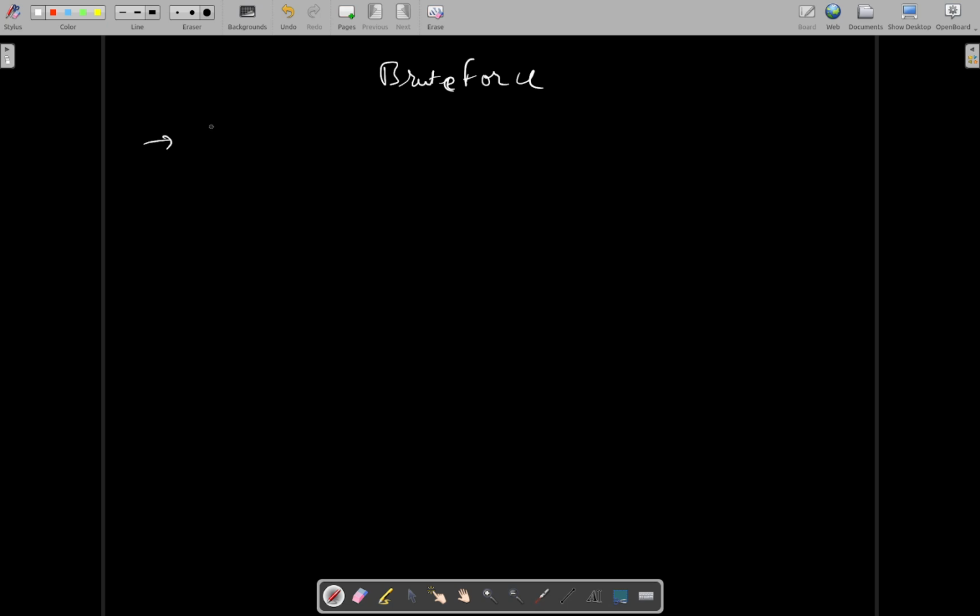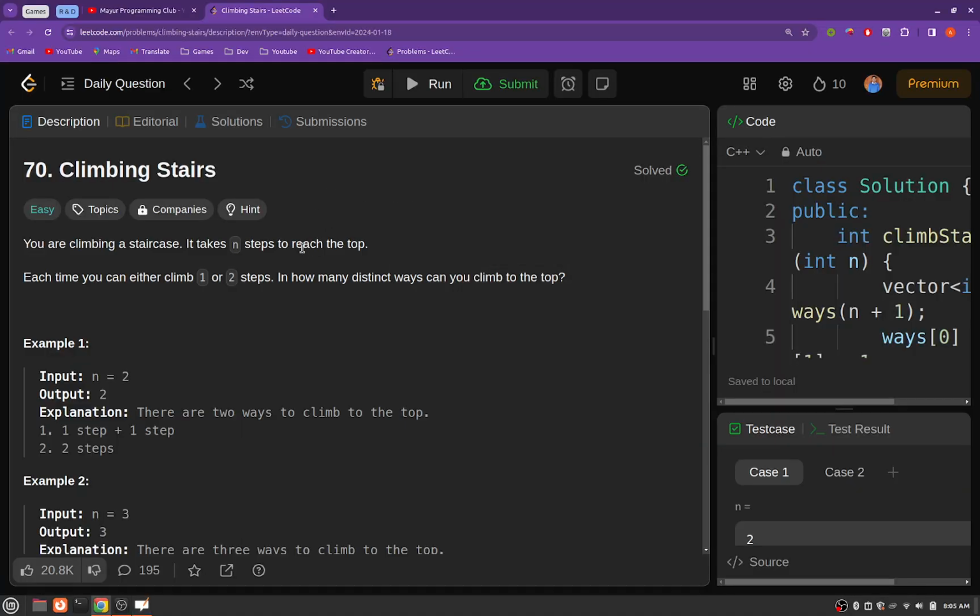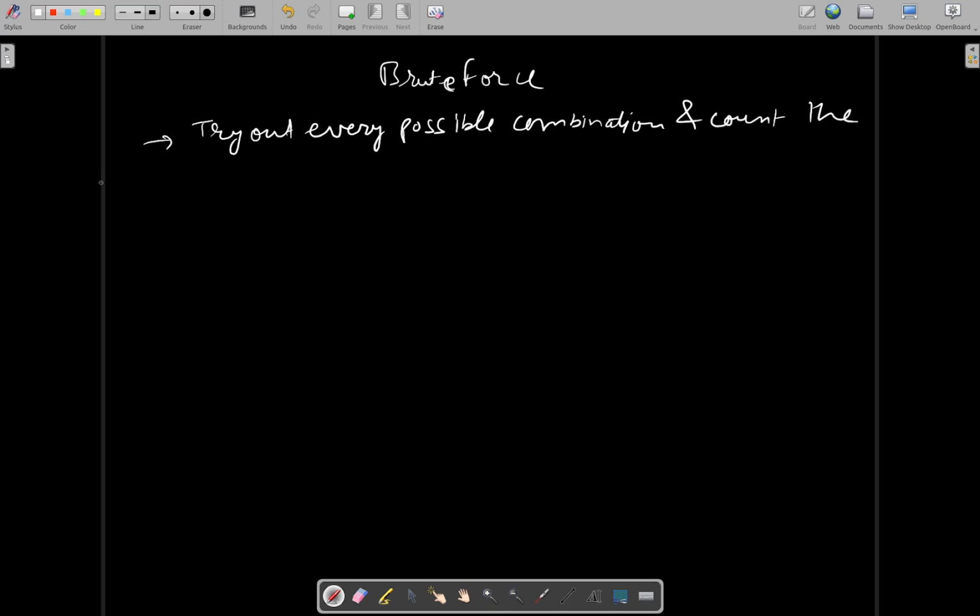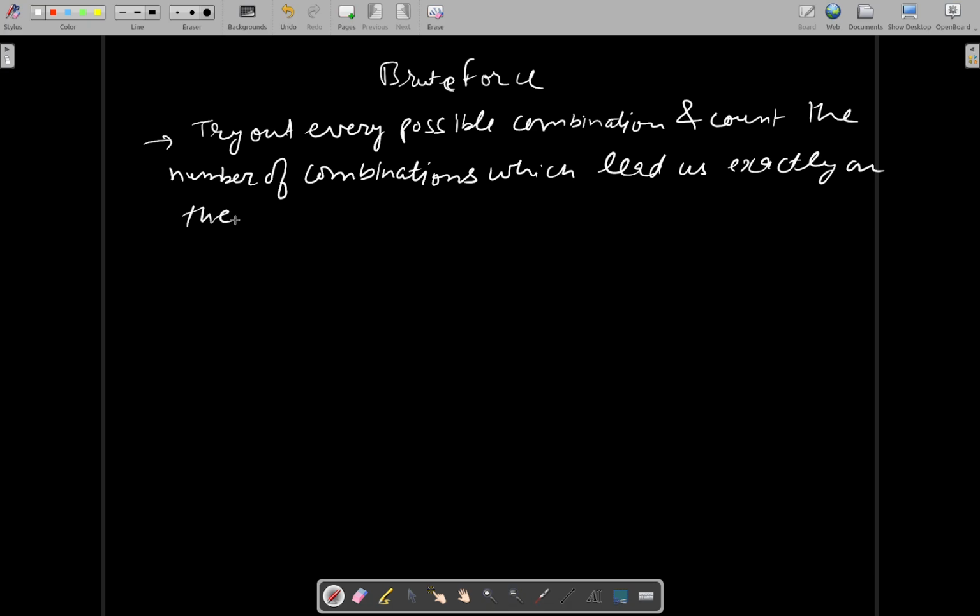We can try out every possible combination, and count the number of combinations which lead us exactly to the top, or say the nth stair.